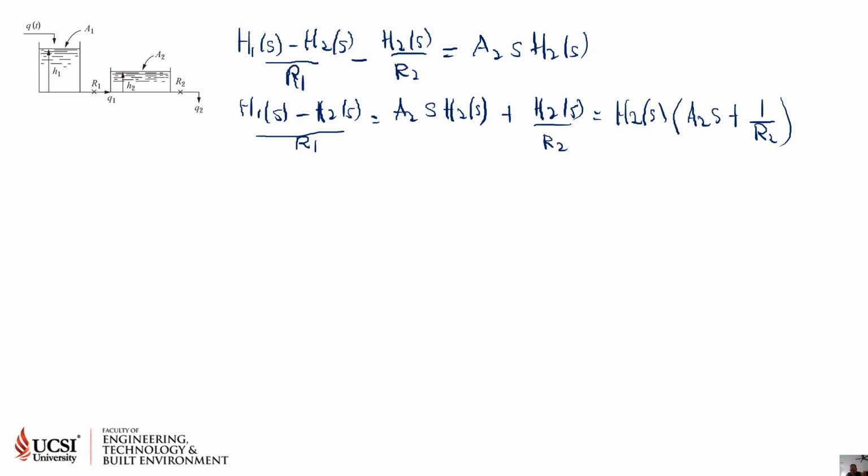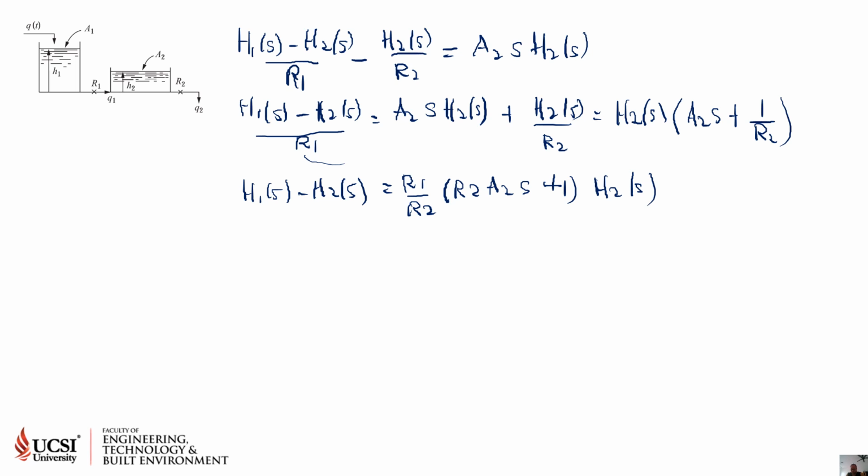Then I can rearrange this again. H1(s) minus H2(s) equals, bringing R1 to the right hand side, R1 over R2 times (R2 A2 s plus 1) times H2(s). I label this as equation number 2.